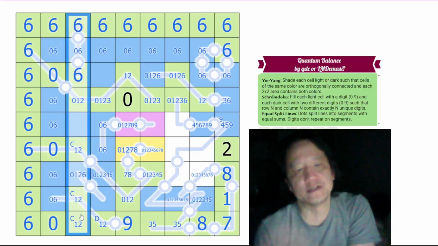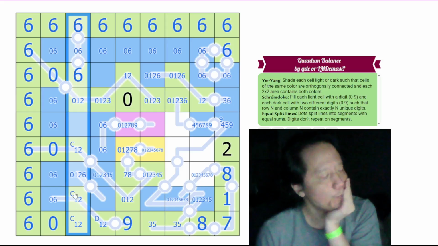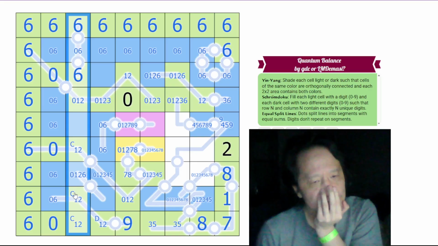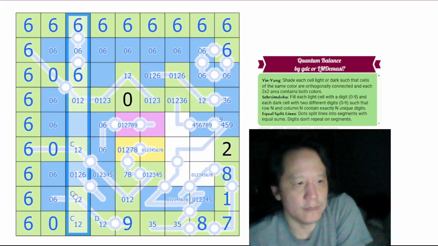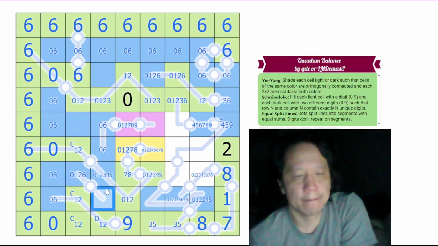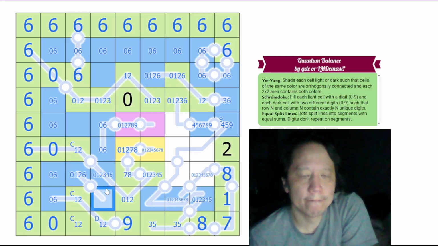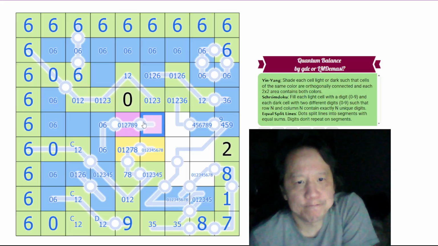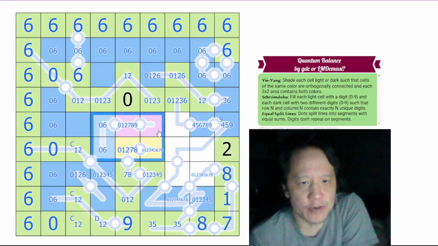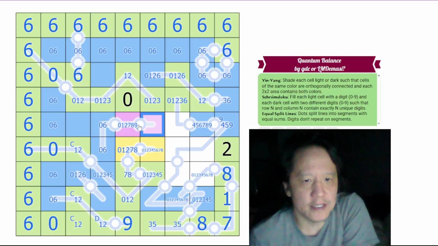Row 3, we haven't differentiated the unique digit. We have to figure this part out. So this is at least 9, but that means it could be green here.